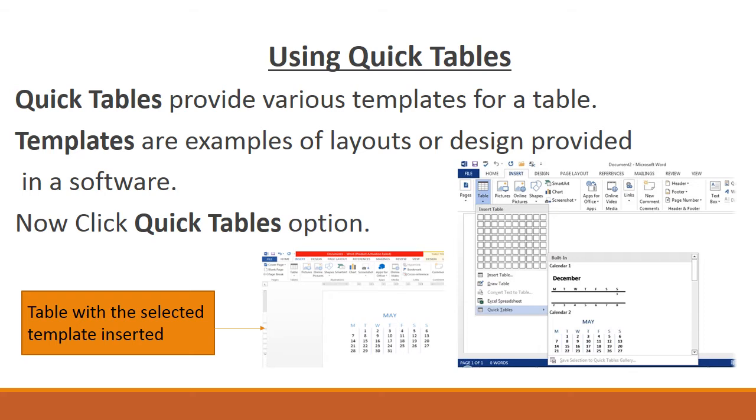Now you have to click the Quick Table option. In the Quick Table option, there are predefined designs of tables: calendar 1, calendar 2. We can simply pick a design and then the data can be entered according to our requirement in the selected design. The picture is showing the table with the selected theme inserted in our document.